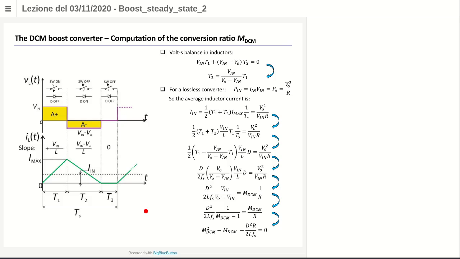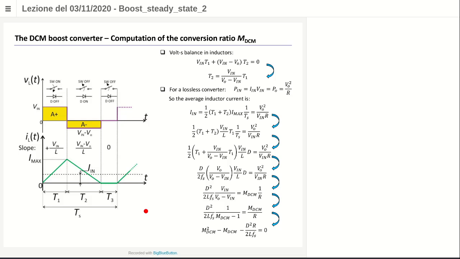That makes the control very complicated, and in most situations the boost in CCM mode is not employed for this reason. We will see the control of this converter in the second part of this course.